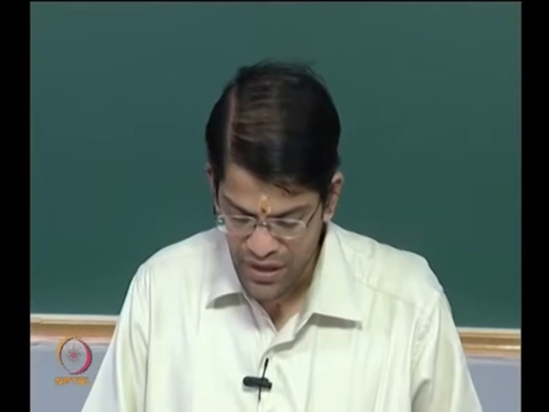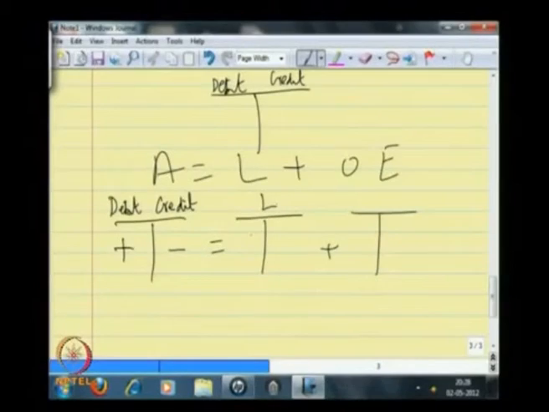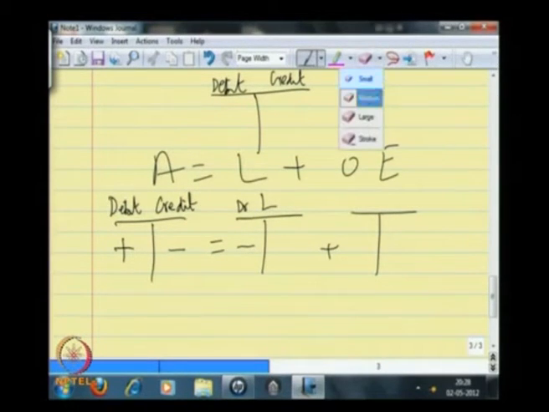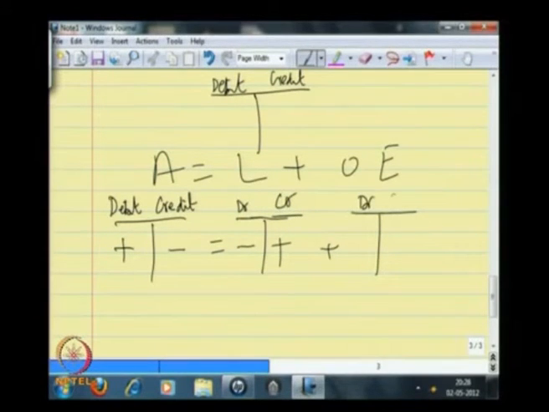Now, if any increase in asset is debit, then any decrease in asset is credit. Then any decrease in liability is debit, any increase in liability is credit. Likewise, any decrease in owner's equity is debit, any increase in owner's equity is credit.